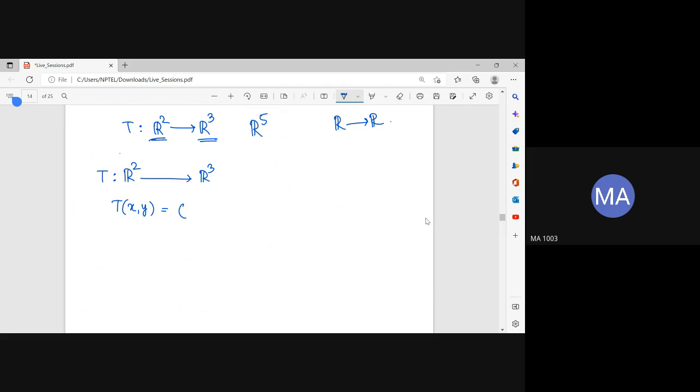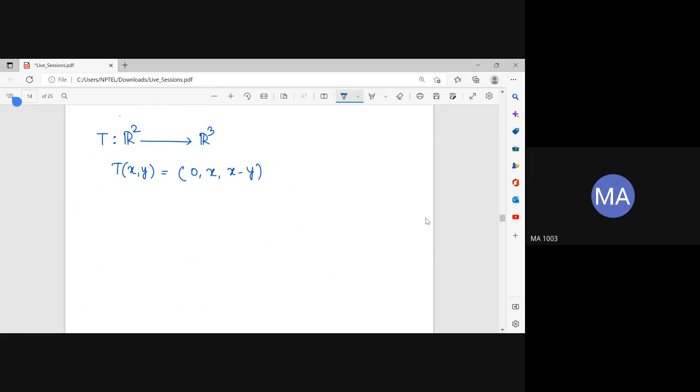Okay. What do I want now? I don't want a 1-to-1 map. So what about this map? How will I check whether it is 1-to-1? Equate to 0, ma'am. T of v is equal to 0 implies v is equal to 0.